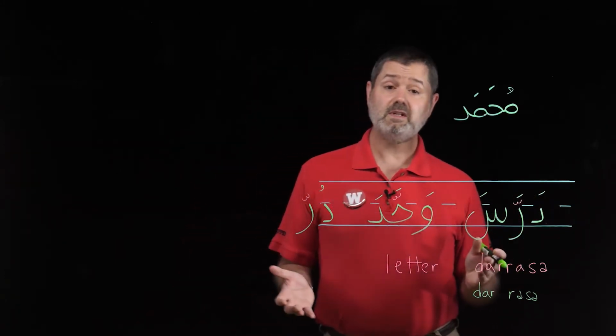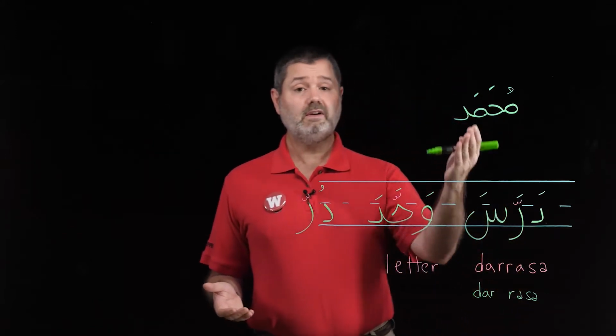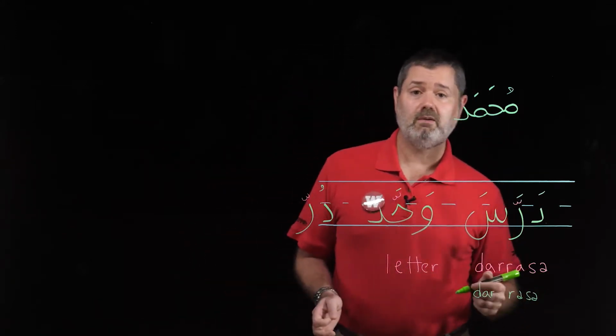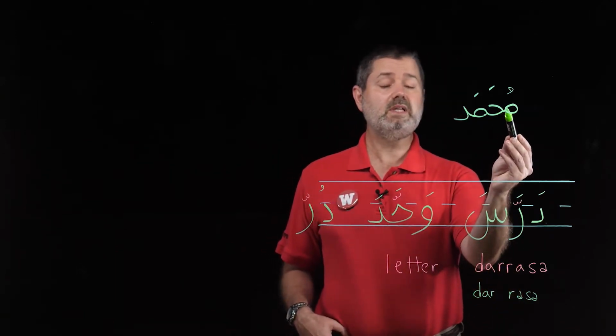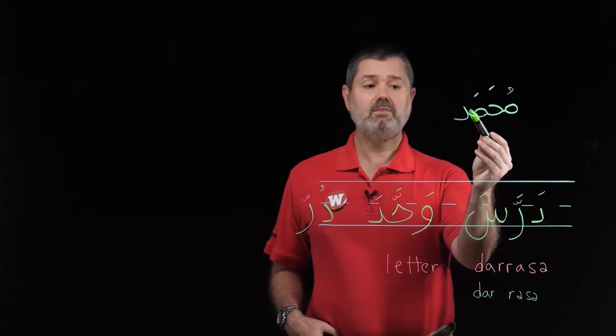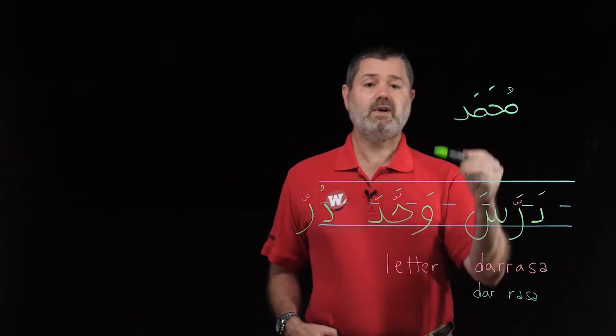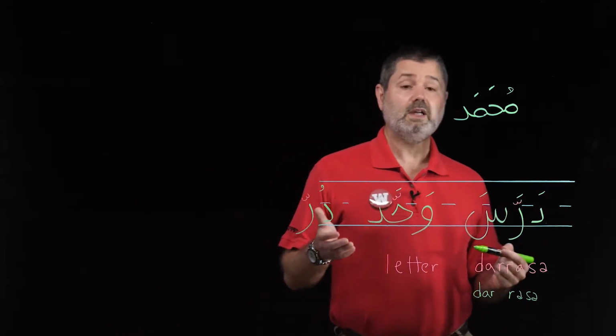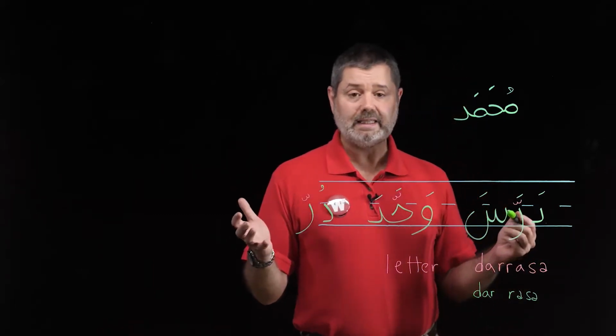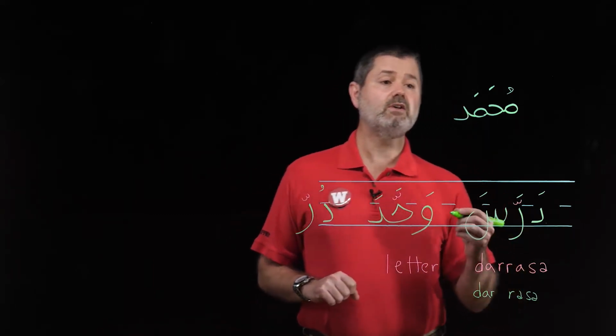Okay, let's take a specific example. I have here an Arabic name, a very common Arabic name, very important Arabic name. Hopefully you can recognize it. There's a meem, a ha, okay, another meem, and a dal, with vowels. Okay, you might look at this and pronounce this Muhammad. Very often it's written like that when it's transliterated into English.